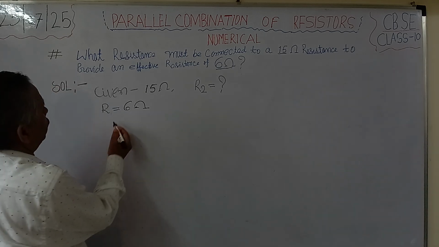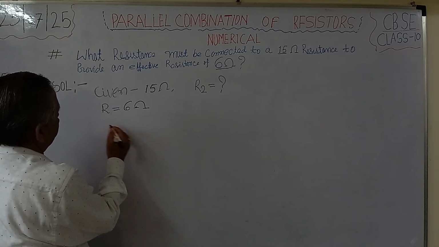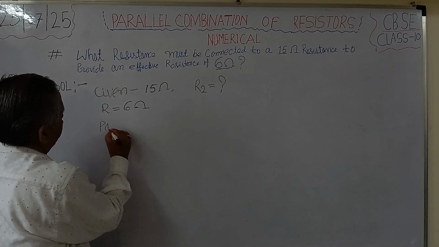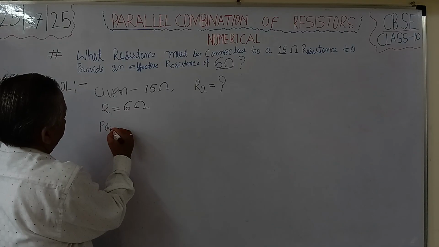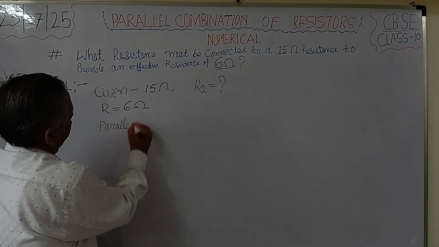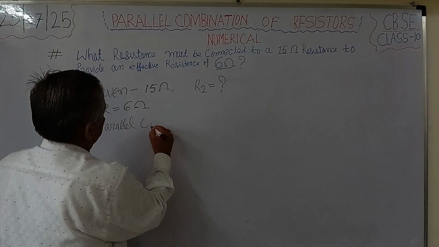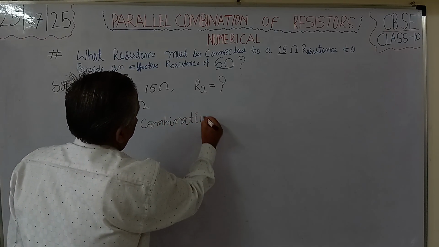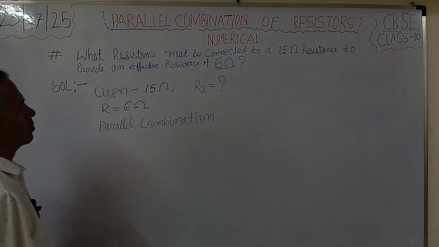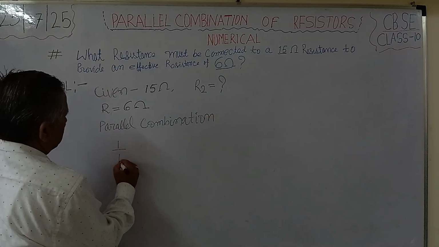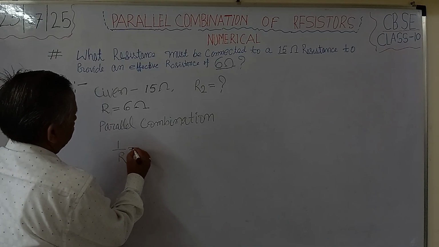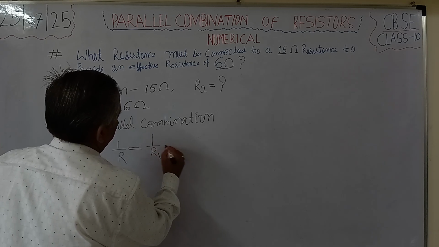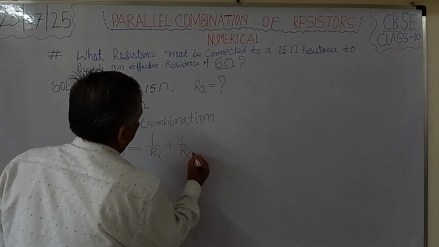So for that we know the formula, that is in parallel combination, 1 by R equals 1 by R1 plus 1 by R2.